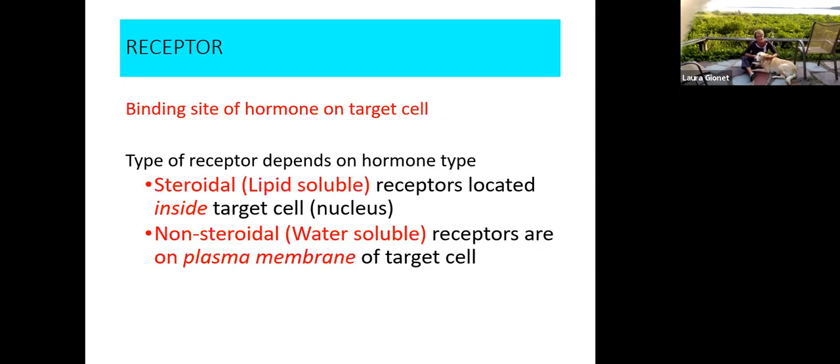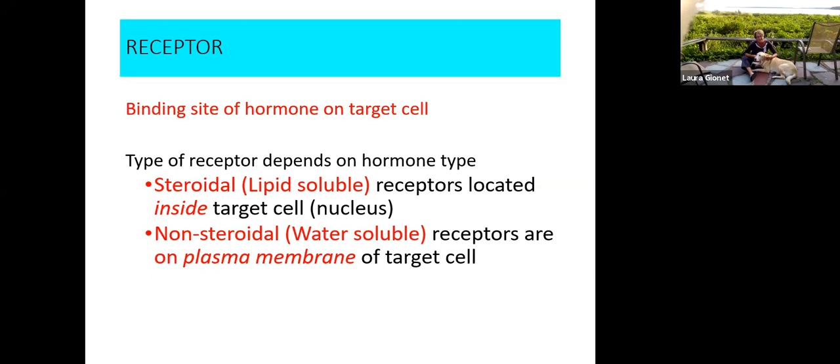Binding sites of hormones on the target cells. There's a difference between the mechanism that a steroidal hormone uses versus a non-steroidal. For a steroidal hormone, the receptors are found on the interior of the cell, inside the plasma membrane, the phospholipid bilayer. For non-steroidal hormones, the receptors are on the surface of the plasma membrane.